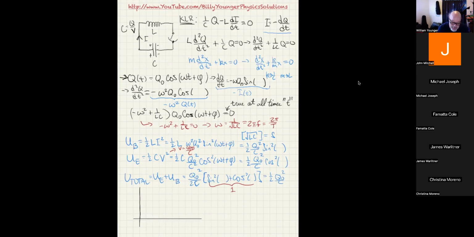So if I plot the energy in the electric field, for instance, what I see is that it's going to be the one that goes like cosine. So I will say it's going to go like this, this, this, and then that's going to go back down here and here.